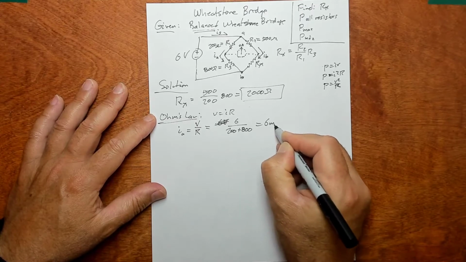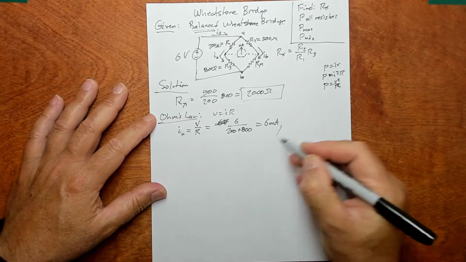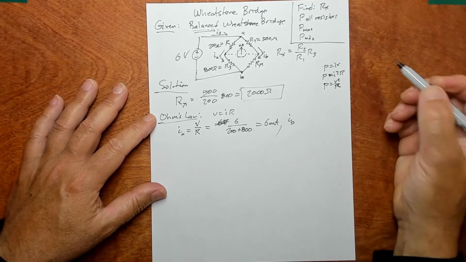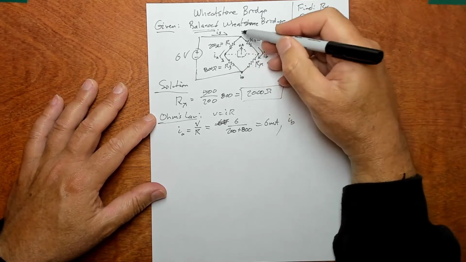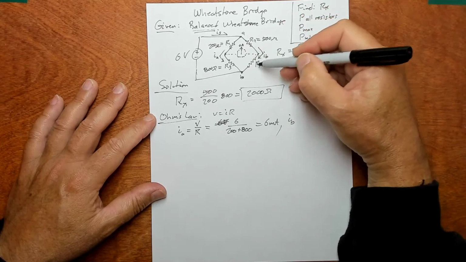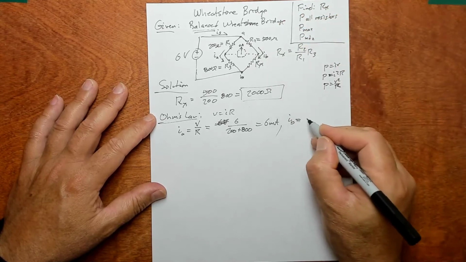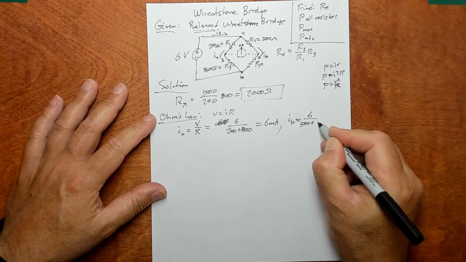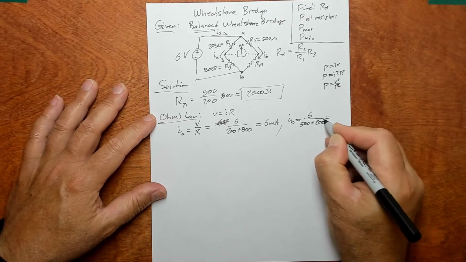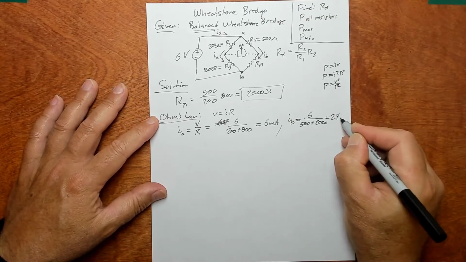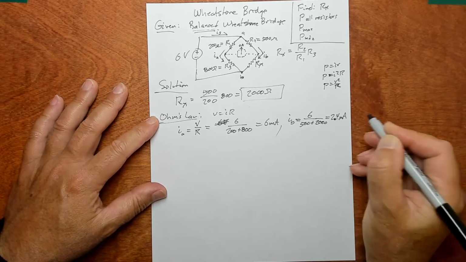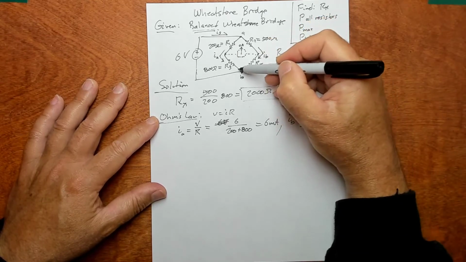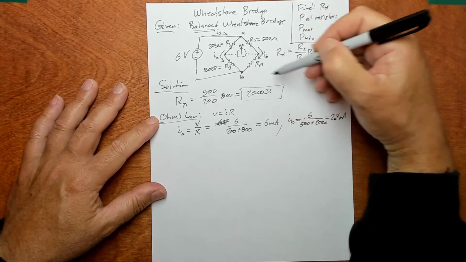It's going to be 6 milliamps. Likewise, I sub B has the same 6 volts across it with these two different resistors, so it's going to be 6 over 500 plus 2000, which is 2.4 milliamps. So the current through this branch is 6 milliamps, and the current through this branch is 2.4 milliamps.